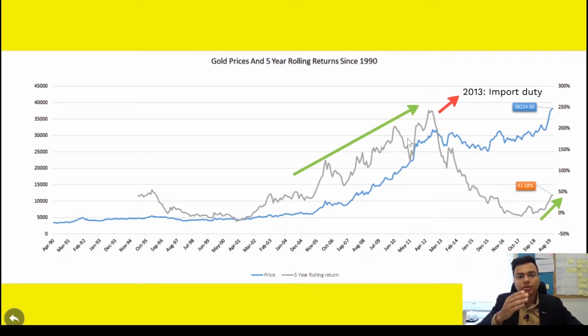And if I'm calculating from 1st, 2nd, 3rd, 4th, 5th of January, then the price of gold on 1st January 2019 will be compared with the price of gold on 1st January 2018. 2nd January 2019 will be compared with 2nd January 2018. 3rd January 2019 will be compared with 3rd January 2018. So every date will be compared to the same date previous year.